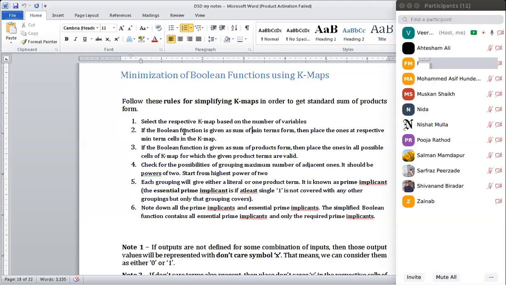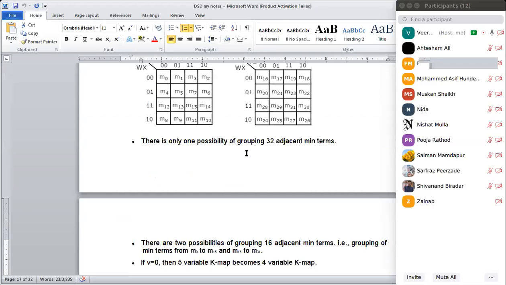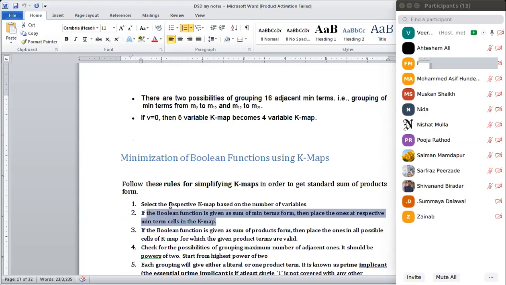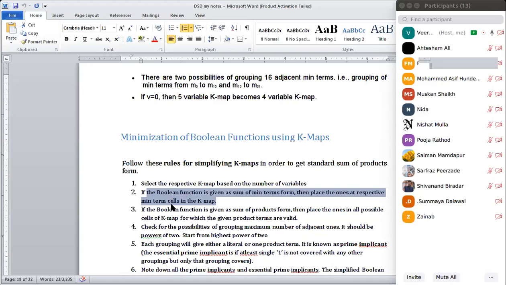So a Boolean function, if it is given in sum of min terms form, then we need to place all the ones at respective min term cells. According to this m0, m1, m2, m3, if we get any output in terms of m0 to m16 or whatever the number, that one we have to place in the K-map.